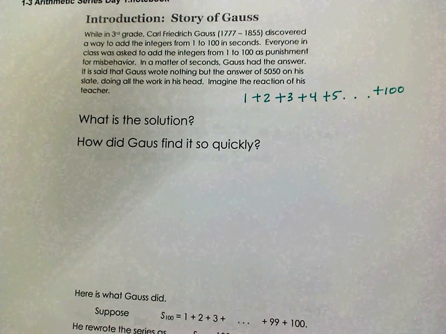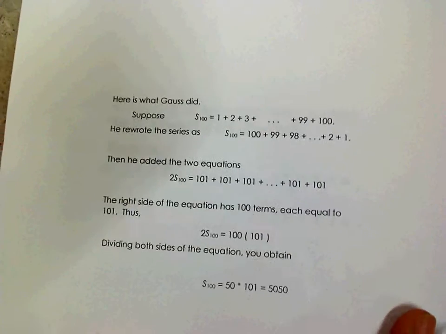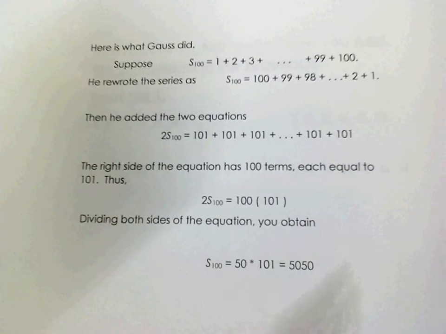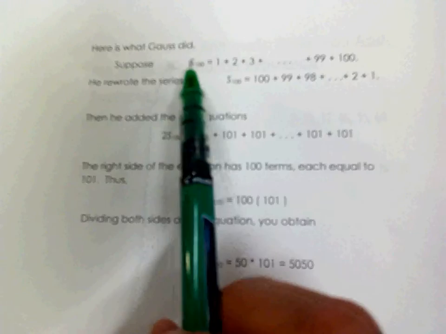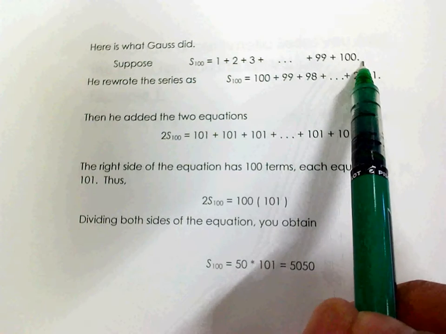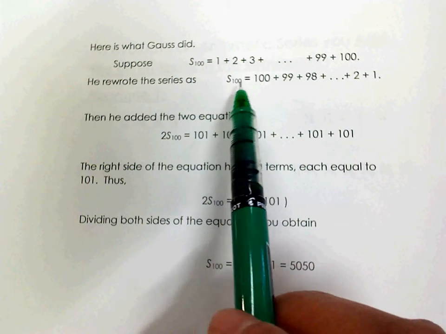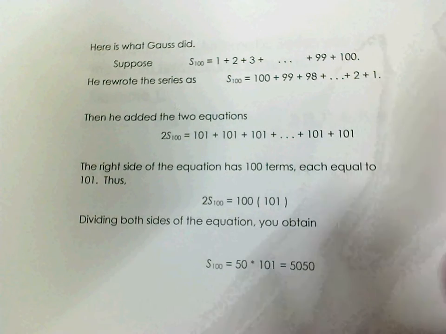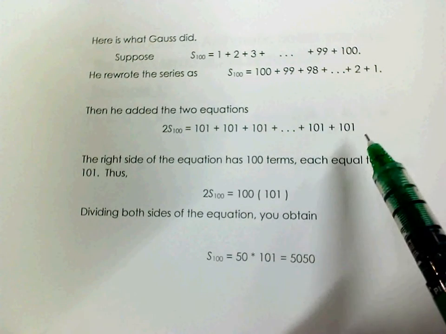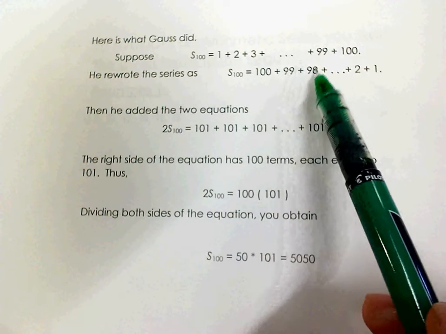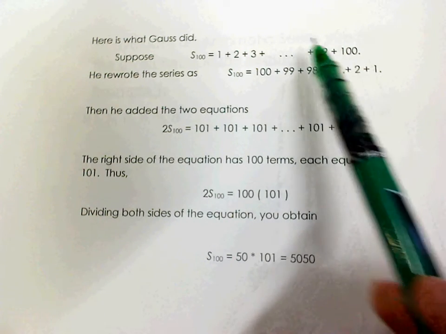So how did he find it so quickly? This is what Gauss noticed. Suppose S of 100 is 1 plus 2 plus 3 plus 4 all the way to 100. He also rewrote the series backward, then added the two equations together: 1 plus 100, 2 plus 99, 3 plus 98, 4 plus 97, and so forth.